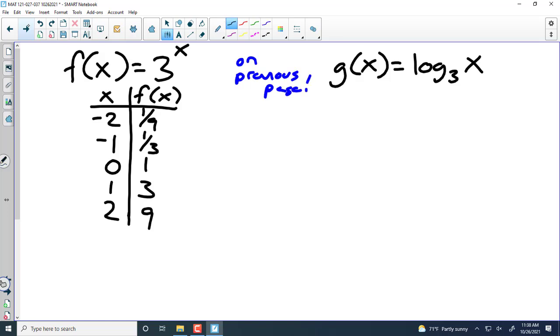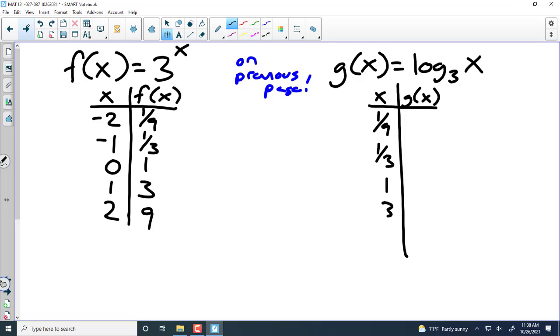Some of the numbers that I plugged into this thing were 1/9, 1/3, 1, 3, and 9. And the answers I got out were -2, -1, 0, 1, and 2.